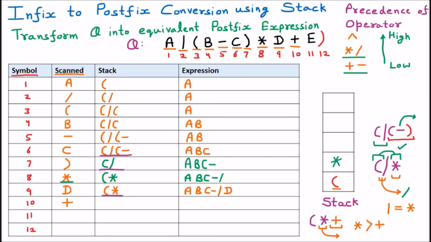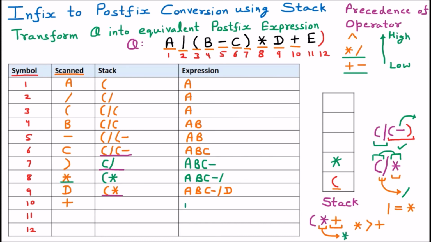That is the formula. Whenever an operator comes and the operator already present has equal or higher precedence, it will come out. Coming out means this star will be placed after the expression.